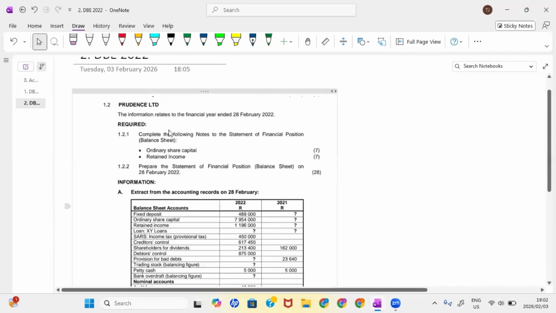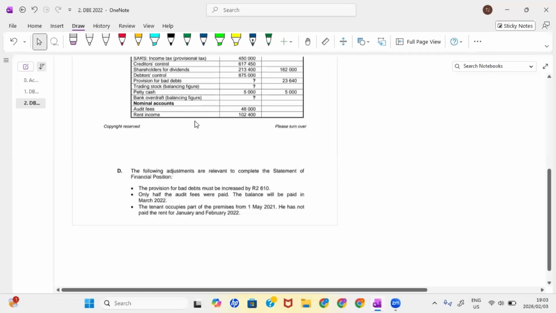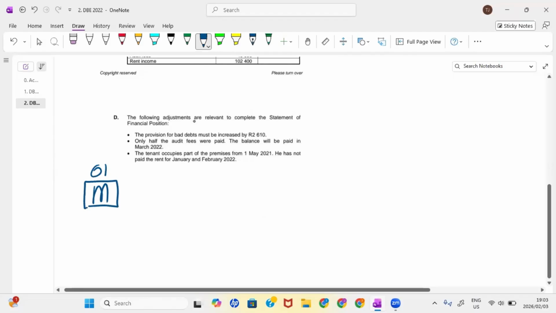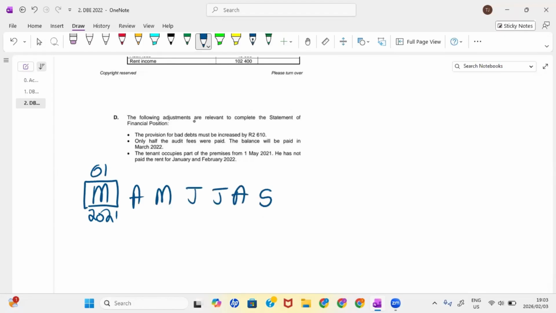We have Prudence Limited, and they say the information relates to the financial year ended 28 February 2022. So we know our financial year is starting 1 March 2021. Then we have March, April, May, June, July, August, September, October, November, December, January, and February.